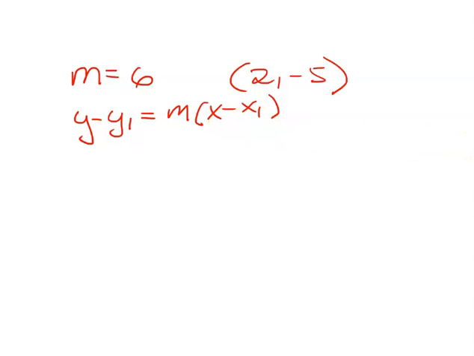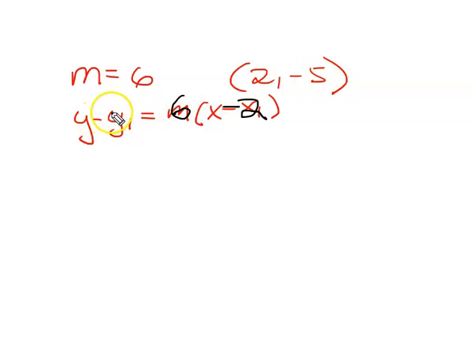Now we're going to substitute. And I'll put it in black here. That m is 6, so this becomes a 6. Now our x value is 2, but in the formula there's a negative. So this is, in a sense, becoming a negative 2. Now our y is a negative y in the formula, but our y value itself is a negative.